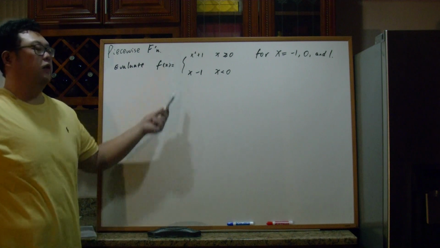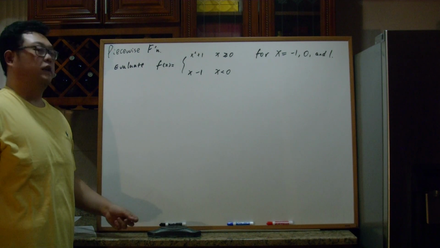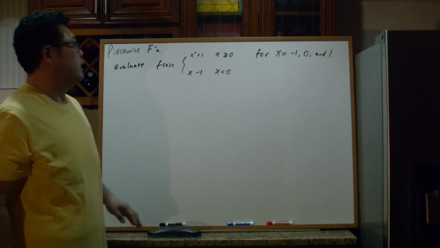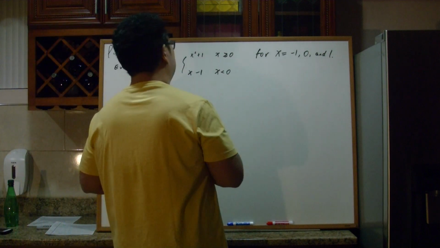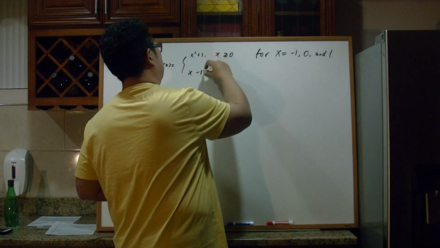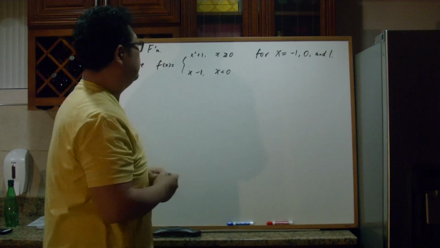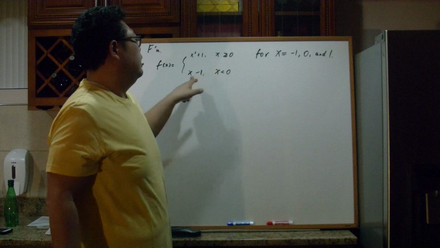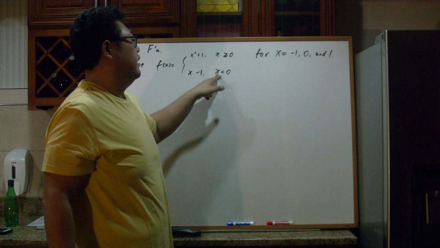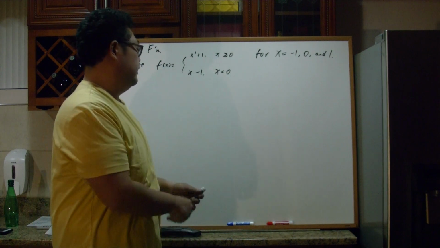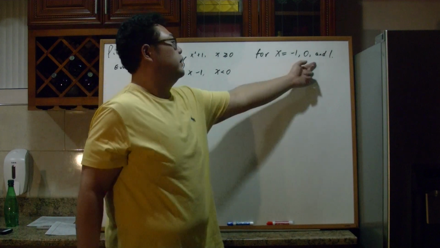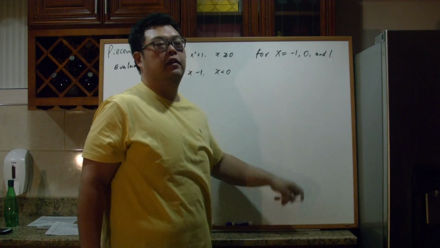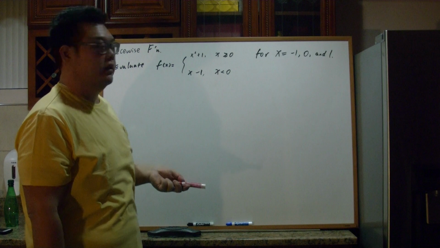Each piece may be a polynomial, may be some other type of function, it doesn't matter what they are, but that's how it's defined. The function is defined as x squared plus 1 when x is positive or 0. It's defined as x minus 1 when x is less than 0. So to evaluate for different x values, we need to check which piece we actually use.